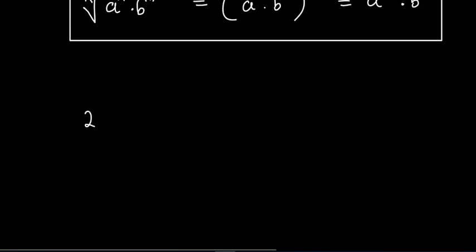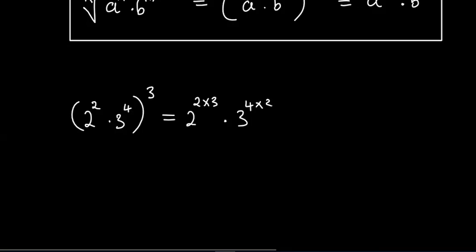If we've got 2 to the exponent of 2 times 3 to the exponent of 4, all in brackets with an exponent of 3, this means that it equals 2 to the exponent of 2 times 3, times 3 to the exponent of 4 times 3.